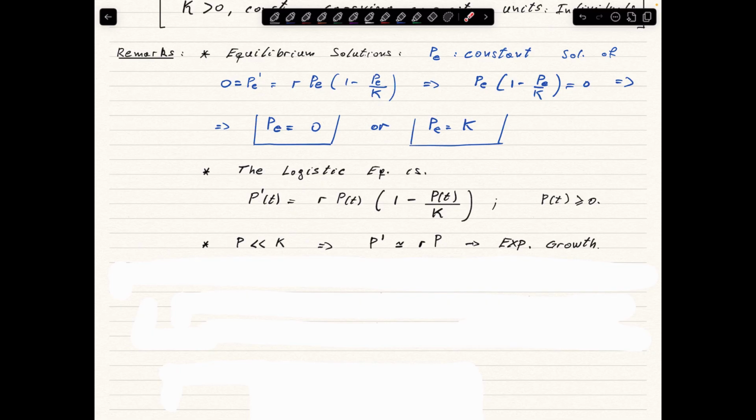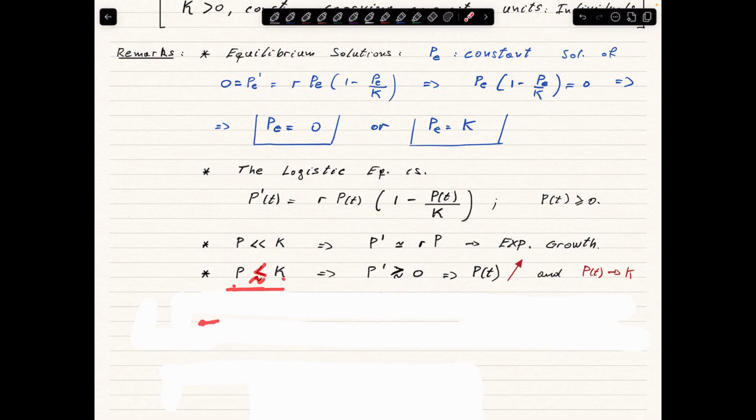Okay, that's something interesting. Now what happens when the population, because this is gonna grow, isn't it? At some point, because it's growing, it's gonna reach values close to k. It's gonna approach k from below. So what happens when p is still smaller than k but similar values? Suppose this is k and we are getting close to k.